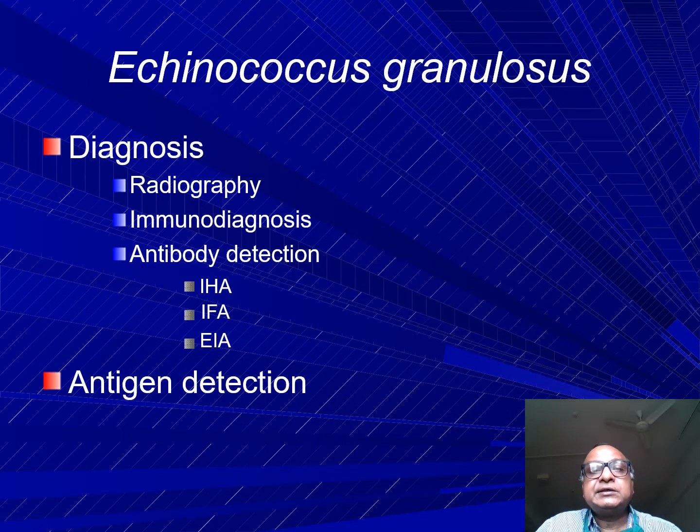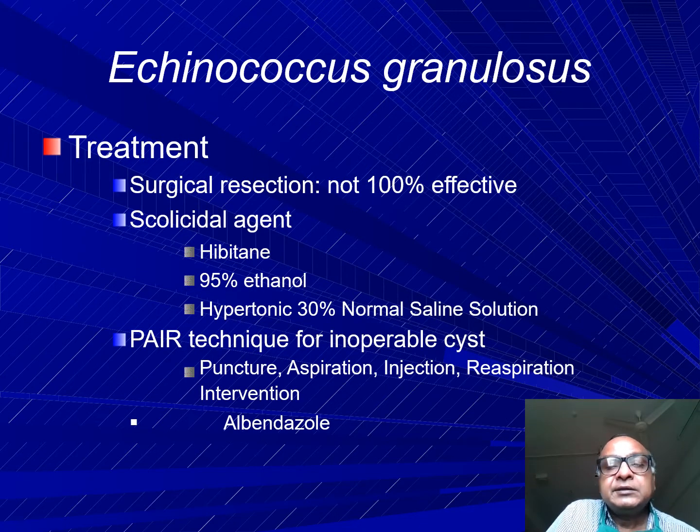Diagnosis of the hydatid disease can be done by radiography or immunodiagnosis. Immunodiagnosis can be done by antigen detection or antibody detection by IHA, IFA or EIA. Surgical treatment is the choice of treatment but not always effective.